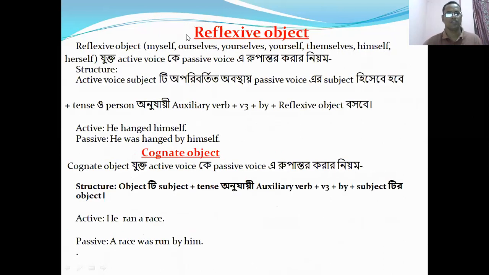Let's see how we can change a reflexive object from active to passive voice. If we get a reflexive object like myself, ourselves, yourself, himself, herself, then the passive will be this way. The subject will be unchanged; according to subject and tense, the auxiliary verb will be used plus past participle of the main verb plus by plus the same object. He hanged himself.